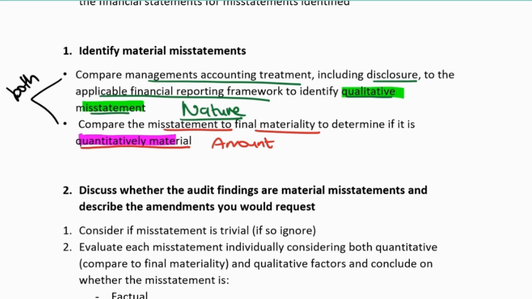Easy question. This comes up quite often for the level 1s. Okay, and remember, if I'm doing the identification, I just need to do the two comparisons. I don't have to go through the rest of my whole evaluation process. I'm just identifying if there are misstatements that are material.